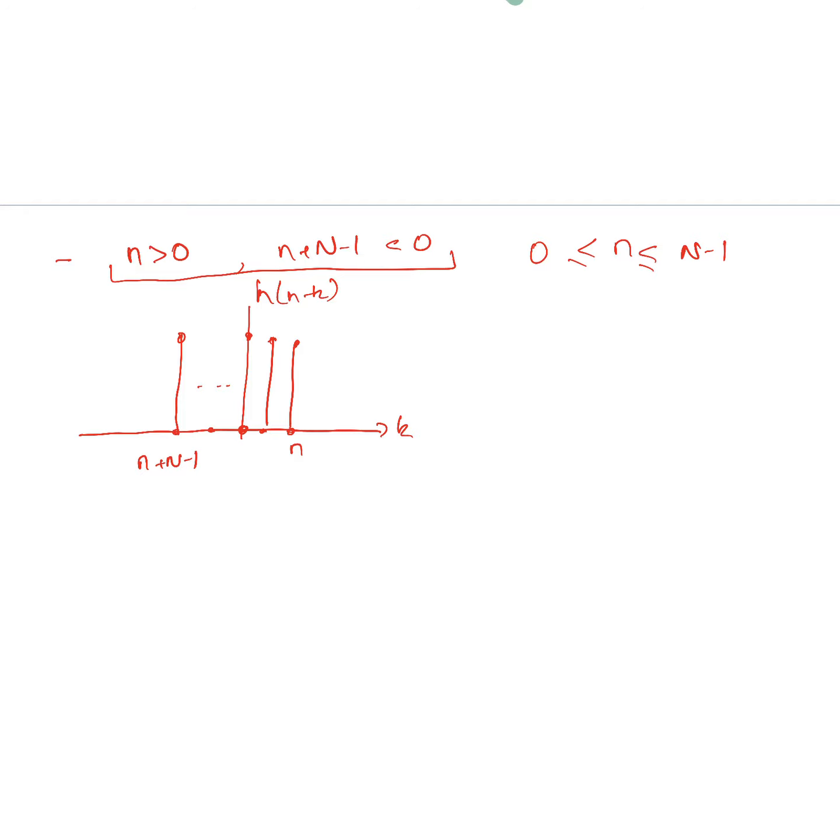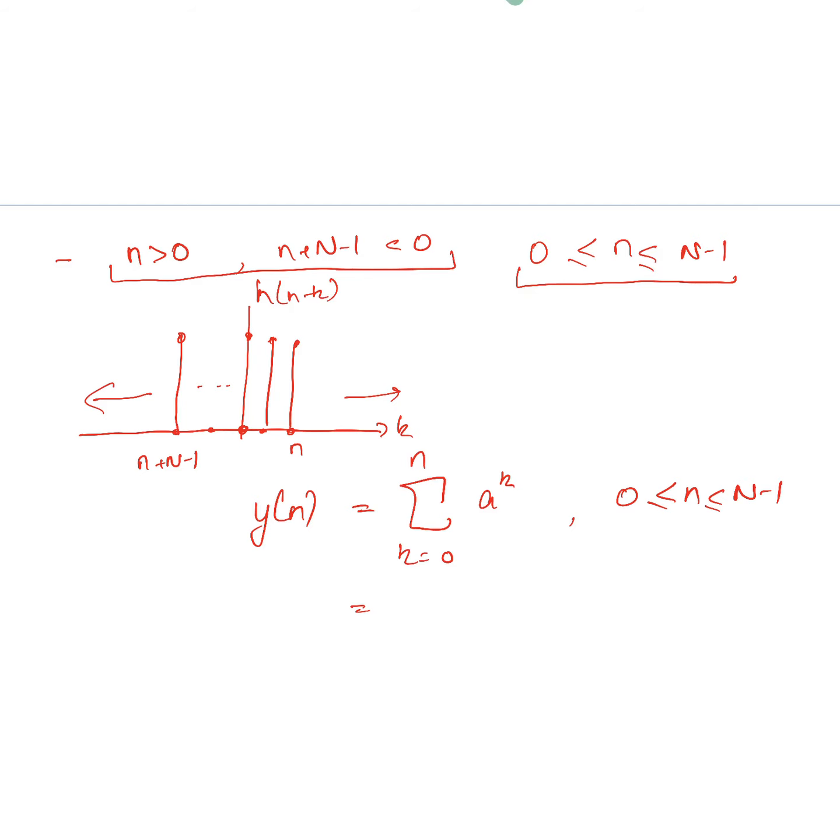So only for these values of n, your y of n would be defined, because your h of n minus k is 0 elsewhere. Okay, so in that case your y of n is given by summation k from 0 to n of a to the power k, for n lying between 0 to n minus 1.